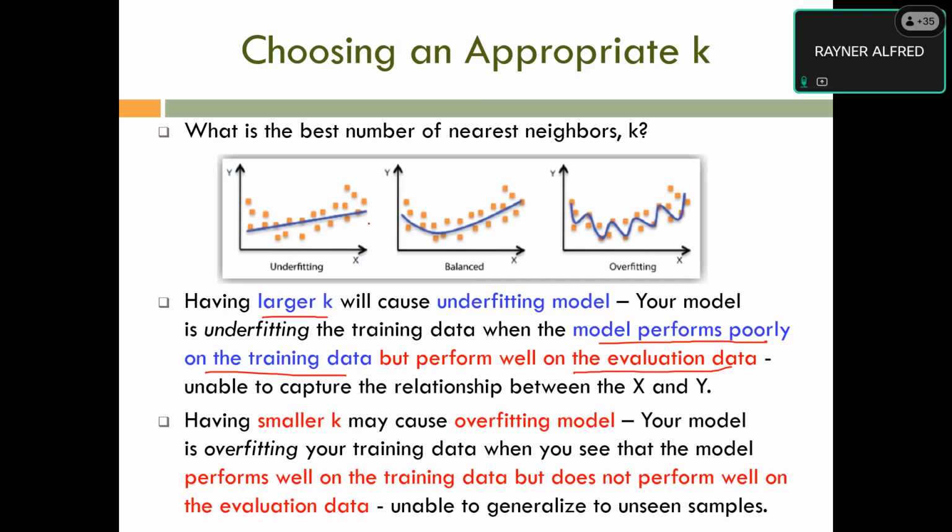So when you have lower versus higher during training and testing, this is what we call underfitting. Okay, but when your k is smaller, that means you would be able to go to individual points, so you will have something similar to this. So you may have higher accuracy during training, but when you do the testing, you get lower accuracy. Okay, so that is what we call overfitting.